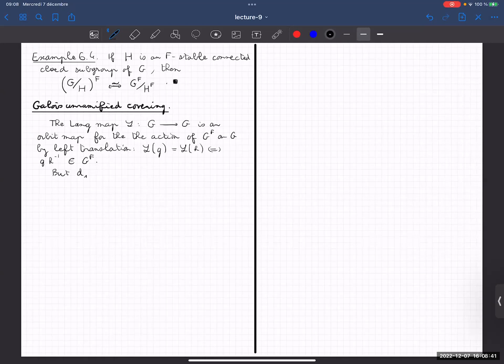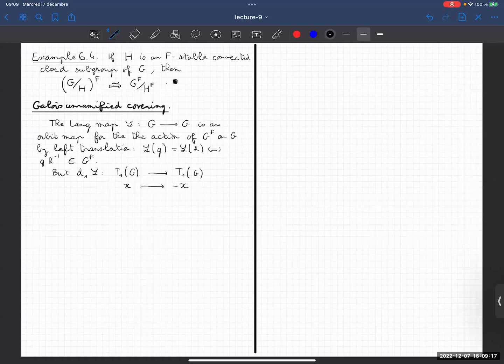But also, if you compute the differential of the Lang map at the neutral element, this is a map that goes from the tangent space at 1 of G, often called the Lie algebra of G. And this map sends an element X to, so L is g^-1 F(g), so taking the inverse, the derivative will give you the opposite. And the derivative of the Frobenius, we have seen that it is always 0. So in fact, the differential is just taking the opposite.